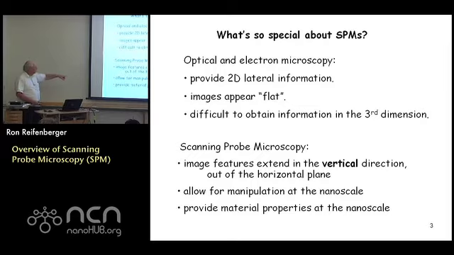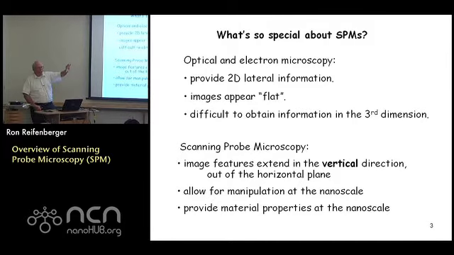And then one of the new trends that's been developed in the last 10 or so years is that you can actually use these scanning probe microscopes to obtain information about the mechanical and electrical properties of nanoscale samples.